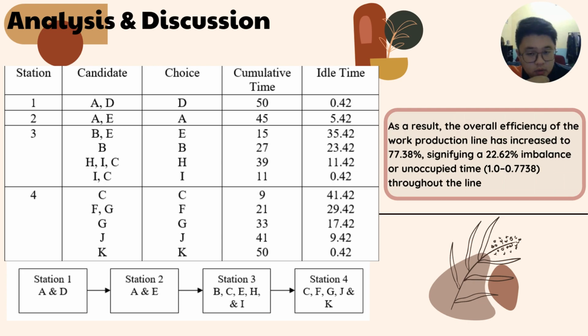Continuing from the previous data, we convert it to a table. From the theoretical minimum, we got four stations, and each station has its own tasks. From this table, we can get the cumulative time and we can calculate the cumulative time and idle time.